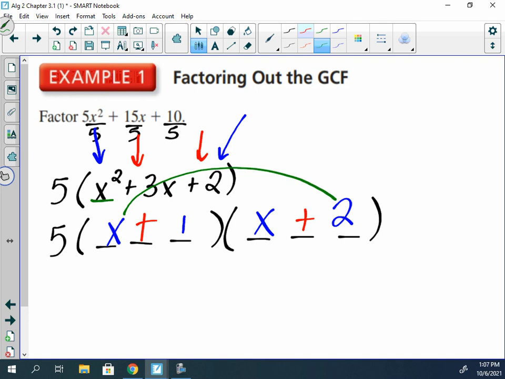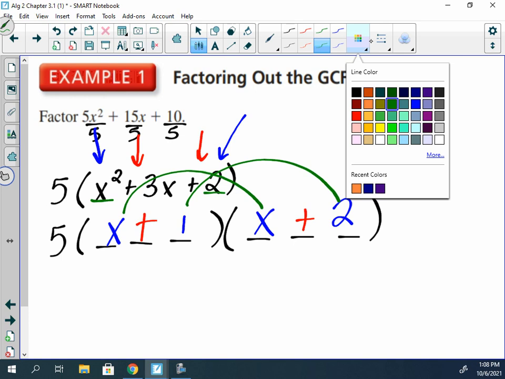But here and here, we got those two from x squared and 2. Since they're factors of the first and third term, shouldn't those always get me back to the first and third term? Well, yeah. I don't ever do that step because I know that I got those from the first and third term. They're the factors of them. They should multiply back together to be the first and third term. So I don't focus on that one.